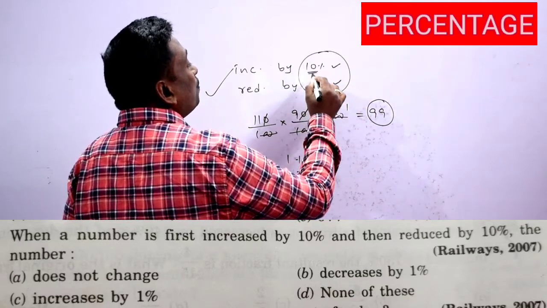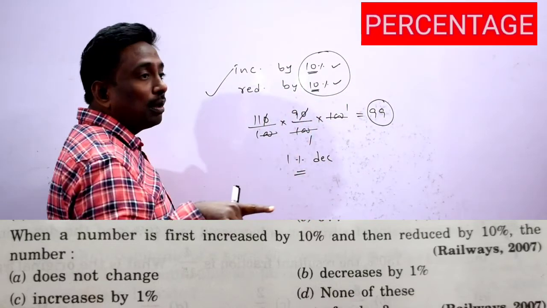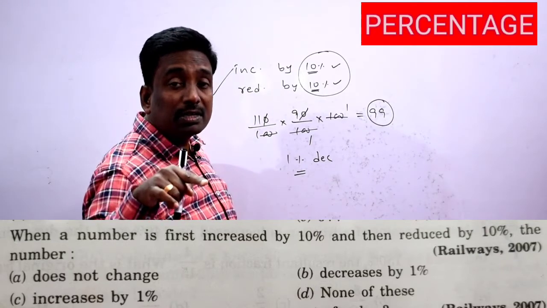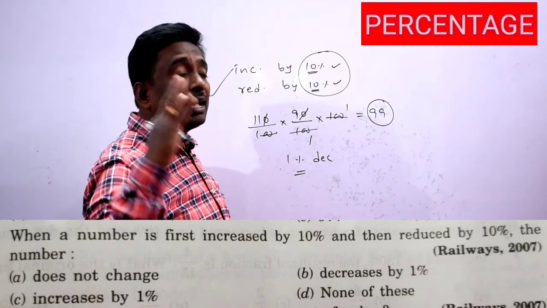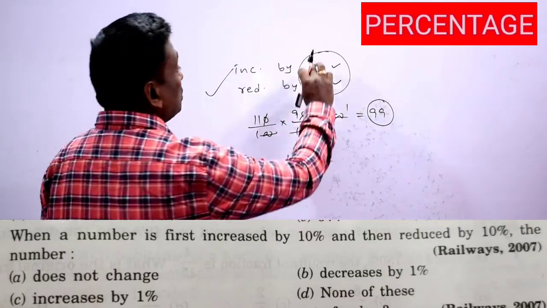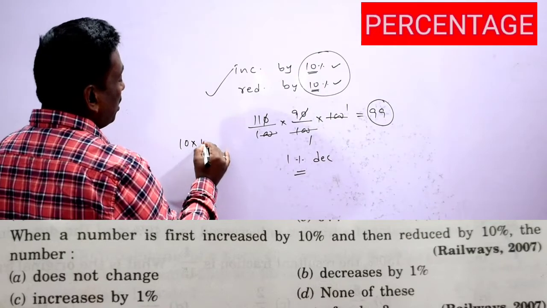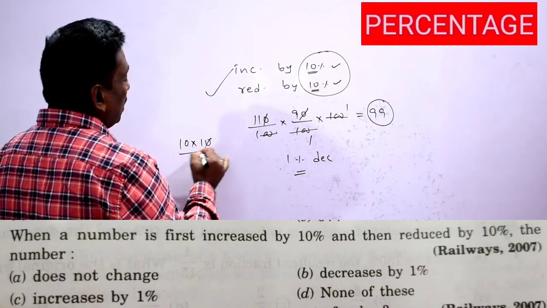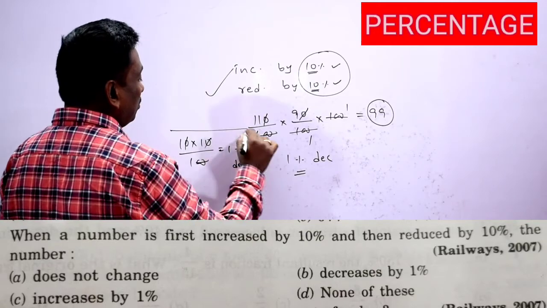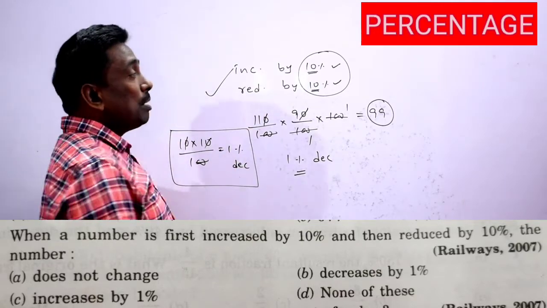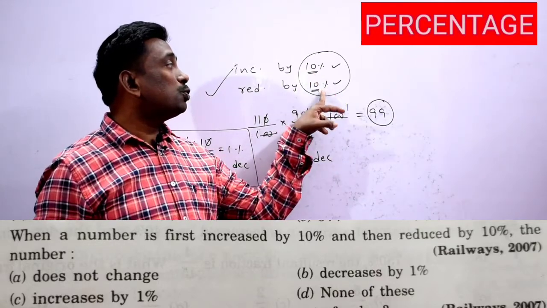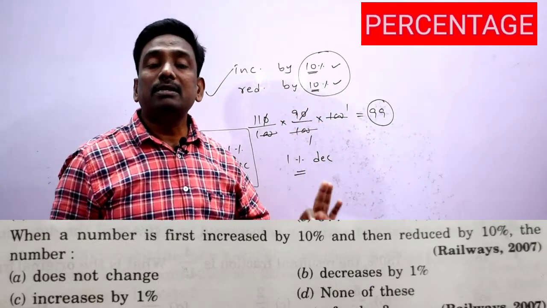When these two percentages are the same, and remember one is increased and one is decreased, directly you can say that there is a loss. How much percent loss? 10 into 10 by 100, nothing but 1% decreased. Loss is nothing but decrement. This is applicable if the same percentages are given.